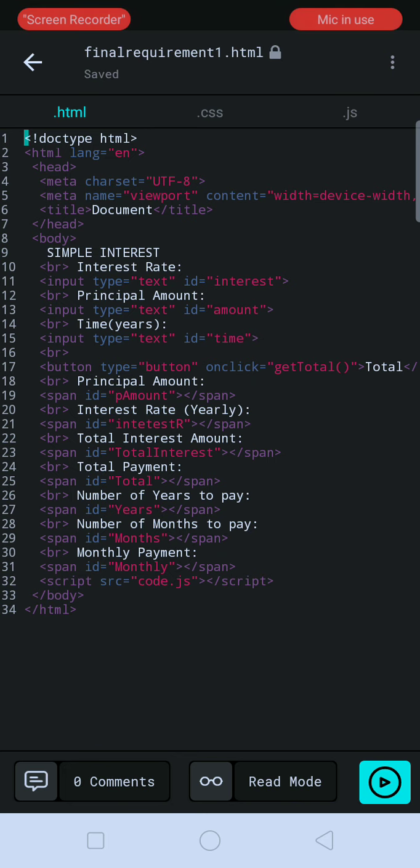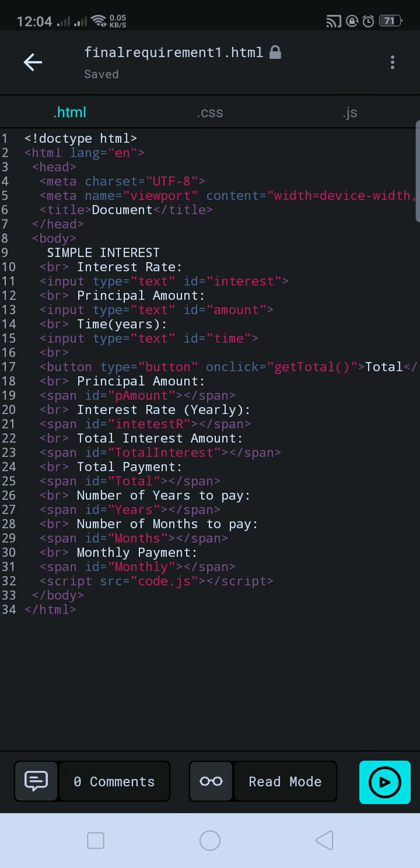The ID of interest rate yearly is interest R. The ID of total interest amount is total interest. The ID of total payment is total. The ID of number of years to pay is years. The ID of number of months to pay is months. The ID of monthly payment is monthly.